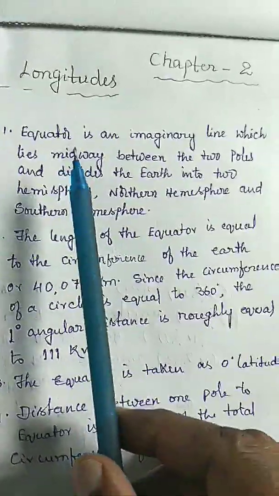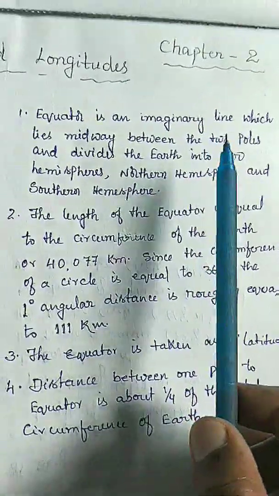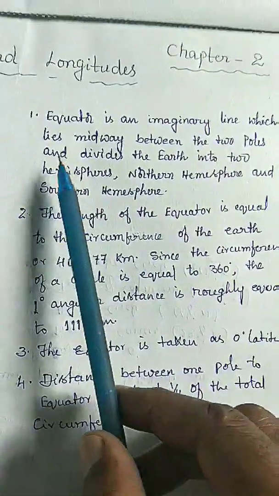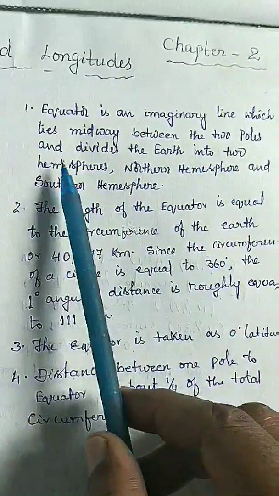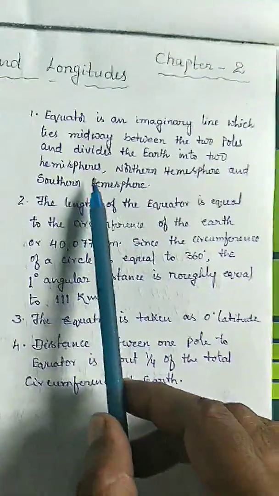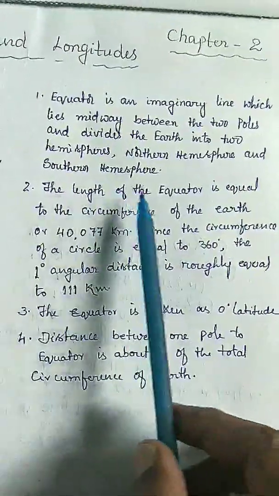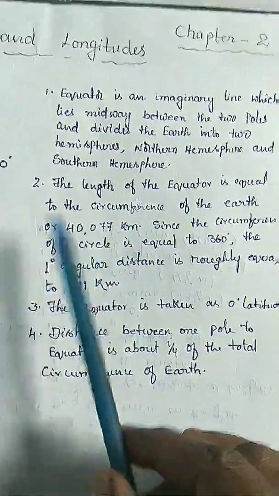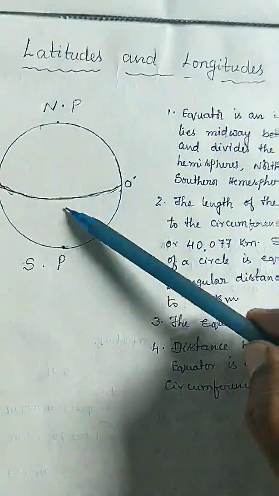Equator is an imaginary line which lies midway between the two poles and divides the earth into two hemispheres, northern hemisphere and southern hemisphere. This is northern hemisphere and this is southern hemisphere.